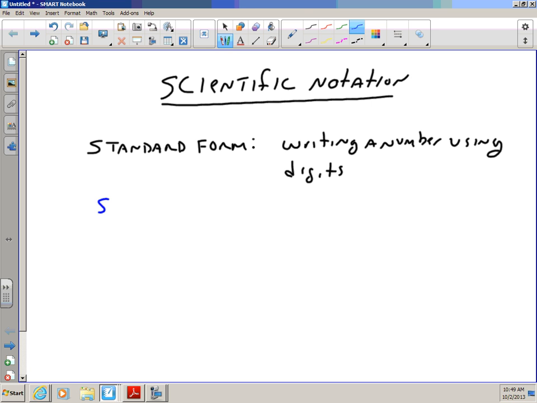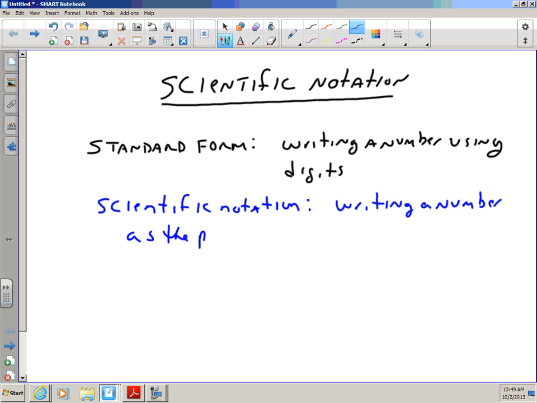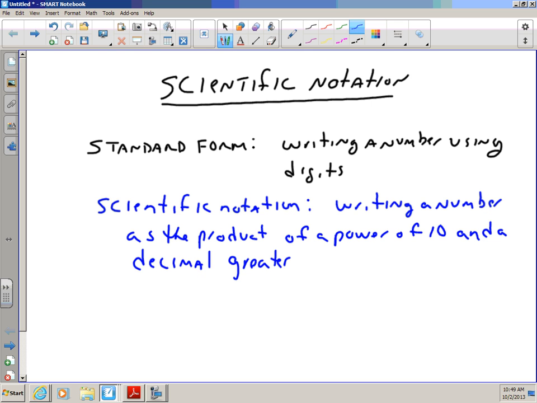And what's called scientific notation, which is to write numbers as the product of a power of 10 and a decimal greater than or equal to 1 and less than 10.